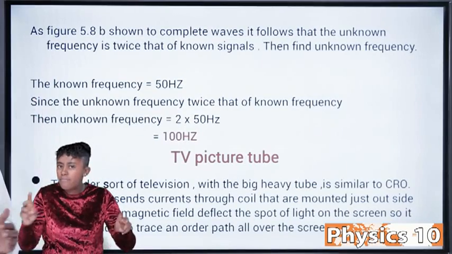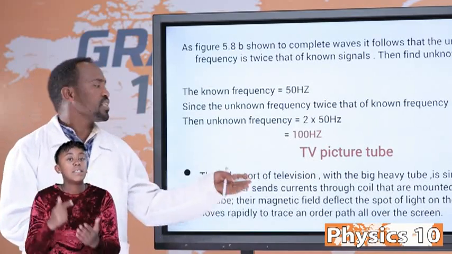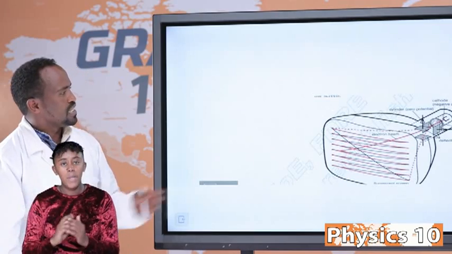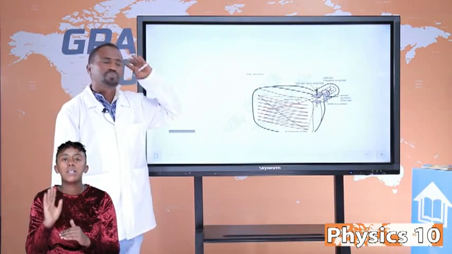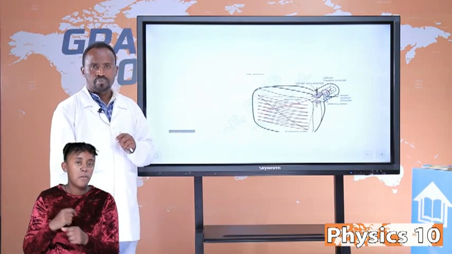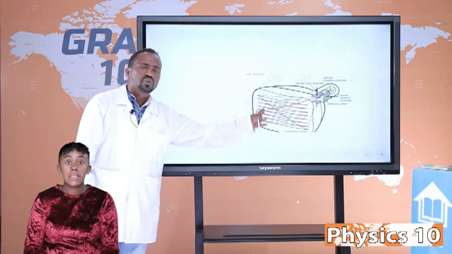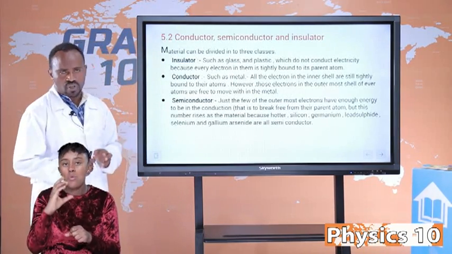It is very big compared to the modern one. This is the TV you have seen in the past, but the modern one is not like this. This is done by the cathode ray oscilloscope.